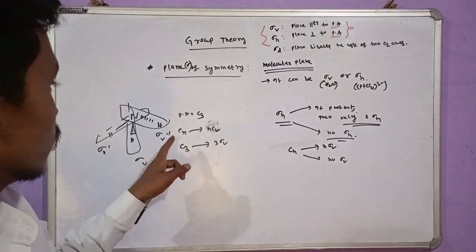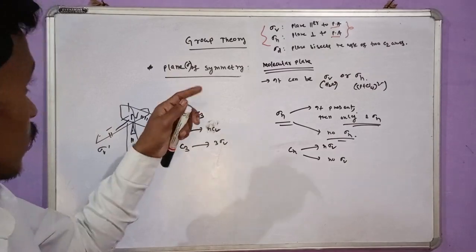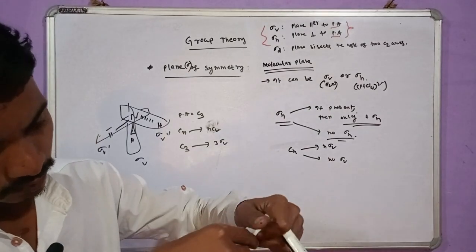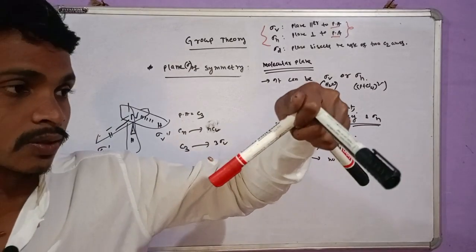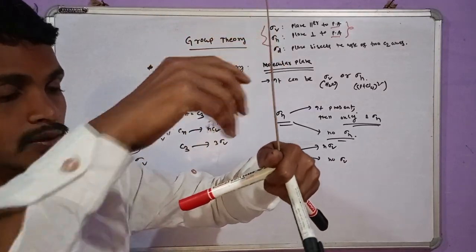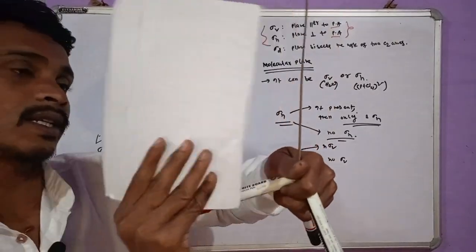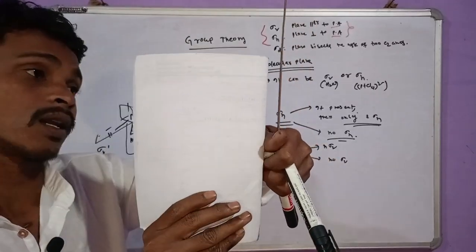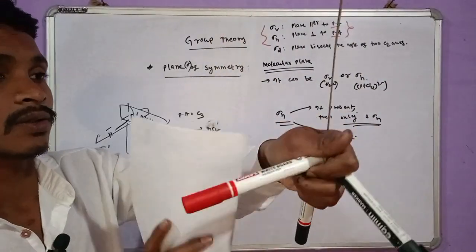So why is this sigma v, why not sigma h? Let's say this is the molecule, and this is the principal axis. Okay. If I cut the molecule here, this and this are parallel, so parallel means sigma v. Here also this and this are parallel, here also parallel.